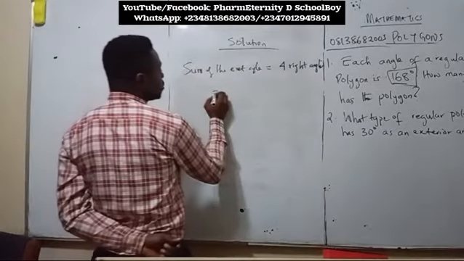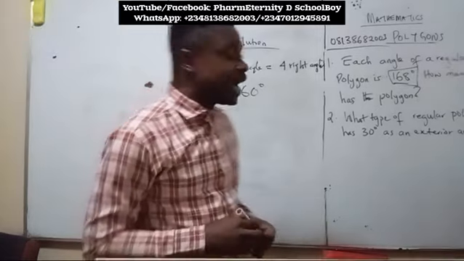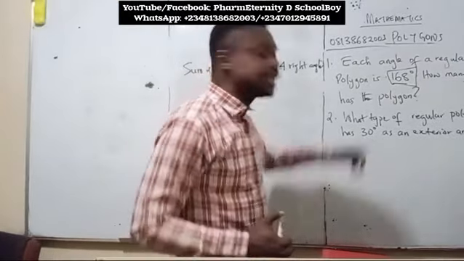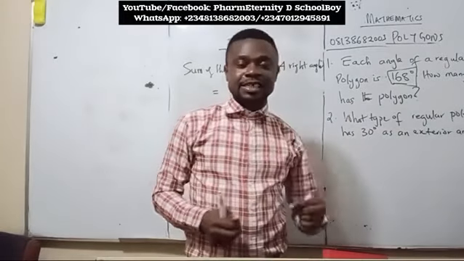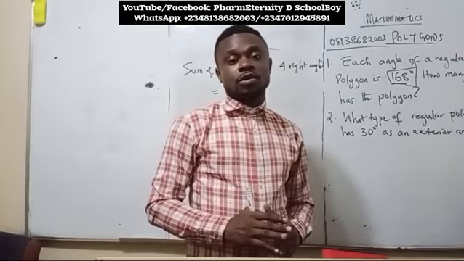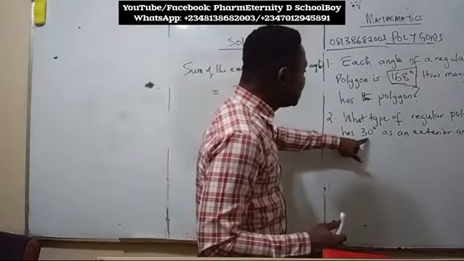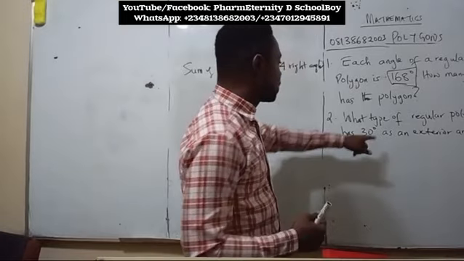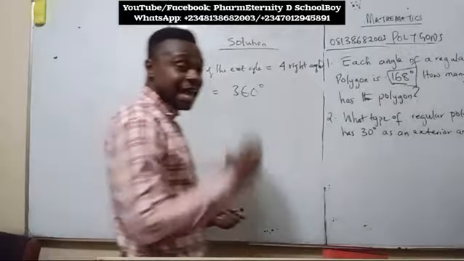So this is now equal to 360 degrees. But we are told that one of the angles is 30 degrees. Since all the angles are equal, we designate the number of sides or number of angles as n.